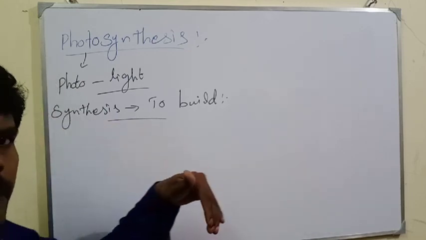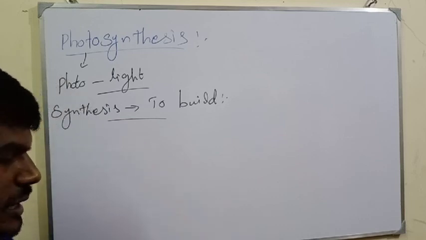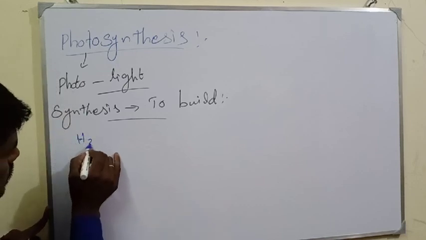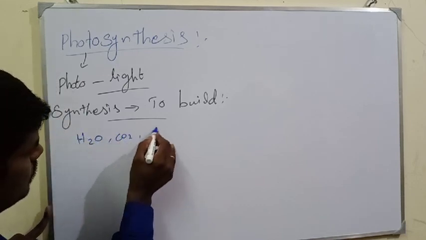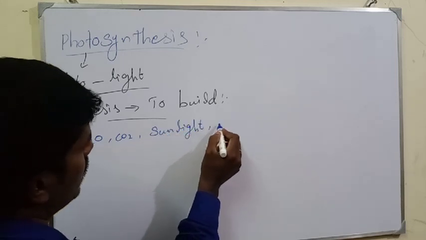First you need to know the raw materials of photosynthesis: water, carbon dioxide, sunlight, and chlorophyll.